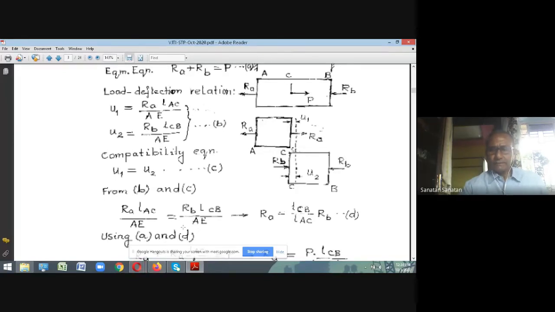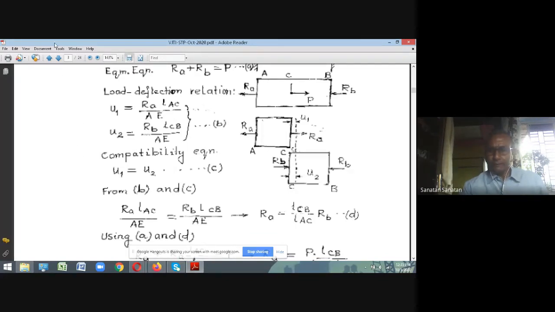For the left element, this edge is going to move by distance u1, and the right element is also going to move by some displacement, that is u2. Now, what is constant in this displacement process? Obviously, we know that C is going to move by the same distance.